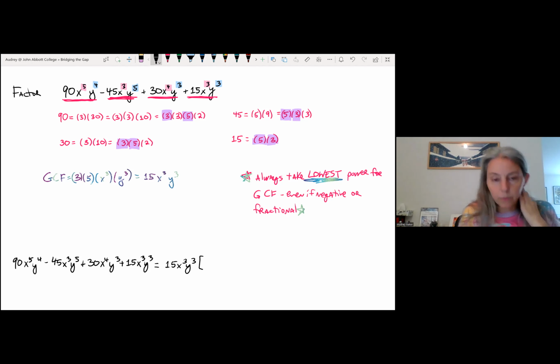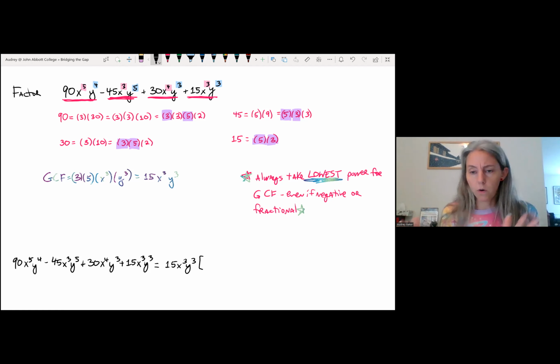I'm going to open up some parentheses, and remember, we're dividing each term by our greatest common factor, which can be easily thought of by saying, what did I take away in the greatest common factor? So what's left over? Well, from the 90, I took away a 3 and a 5, so there's a 3 and a 2 left over.